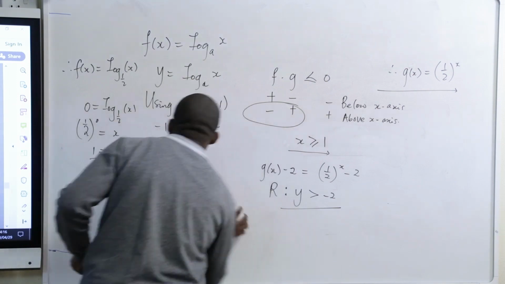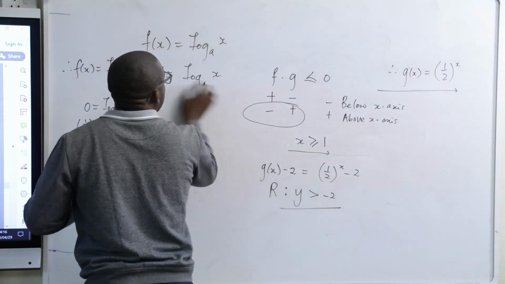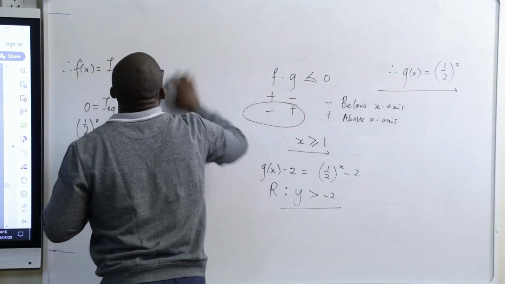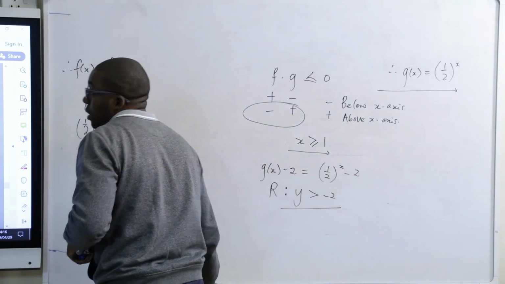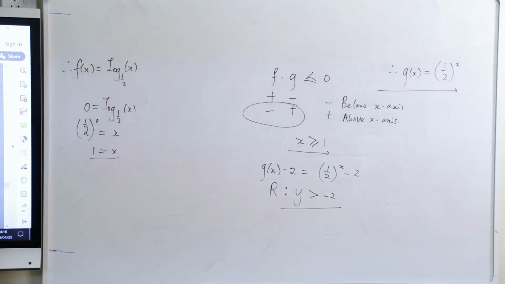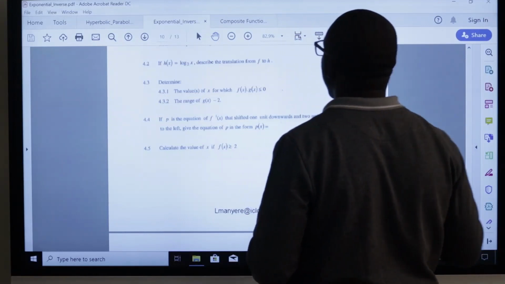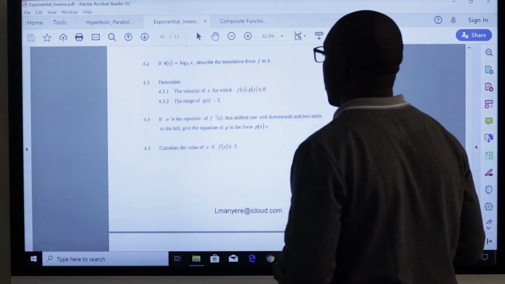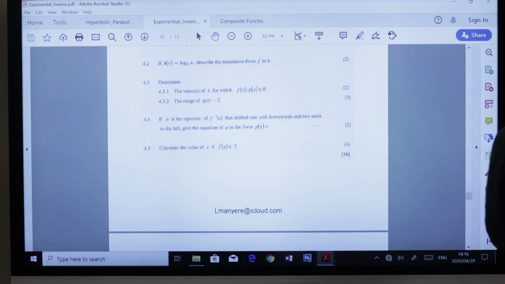Next, P is the equation of f to the minus 1 shifted 1 unit downwards and 2 units to the left. P of x is equal to f to the minus 1 shifted 1 unit downwards and 2 units to the left.